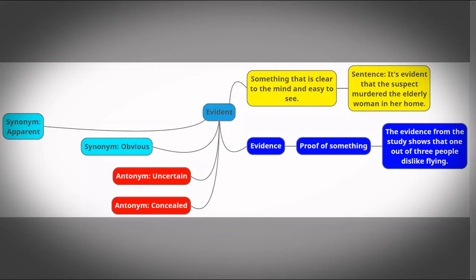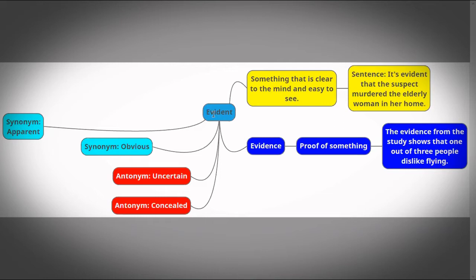So let me show you an example of what this looks like. I created a vocabulary map for the word evident. And evident is one of the words you'll find on the academic word list. So you'll see here, I put the word evident in the center. And then I started a branch in yellow.